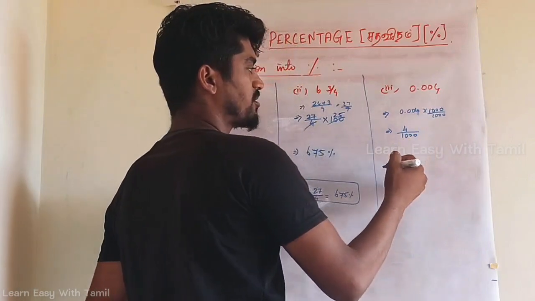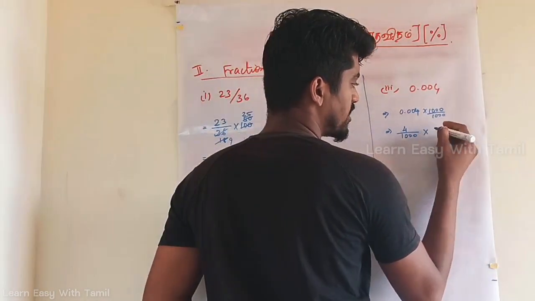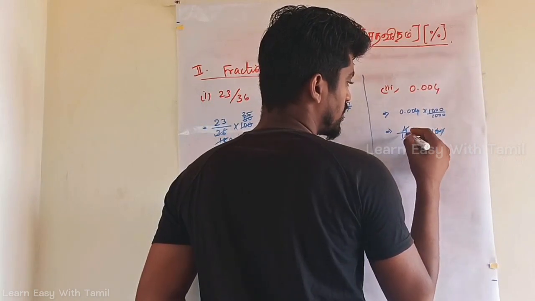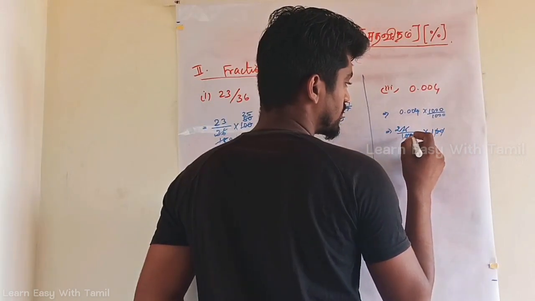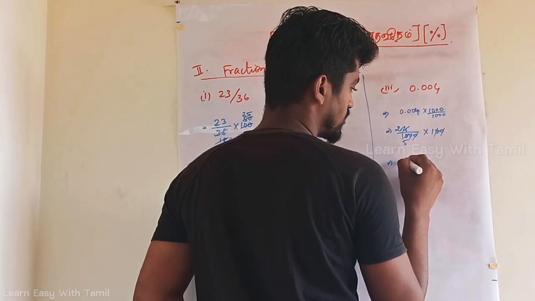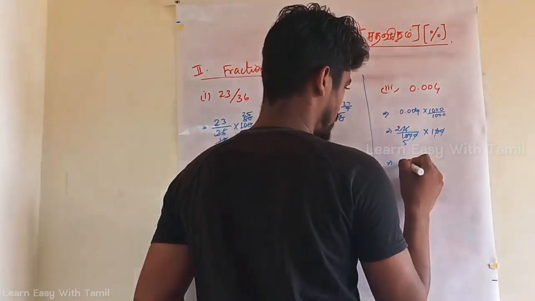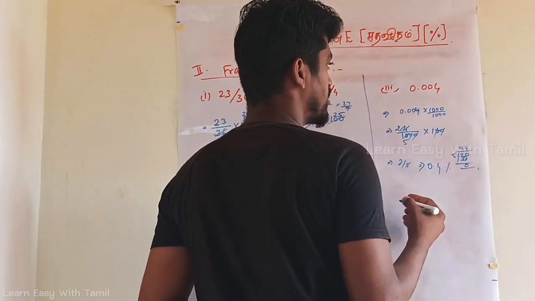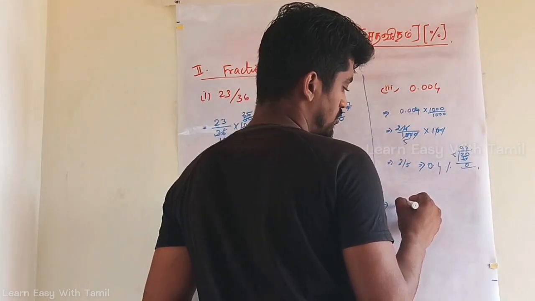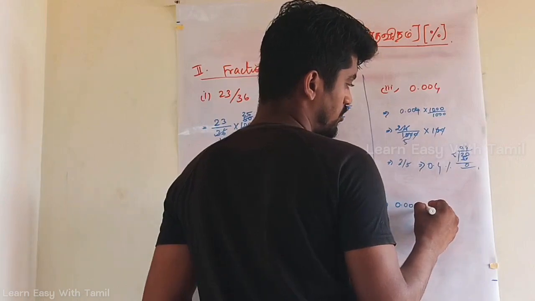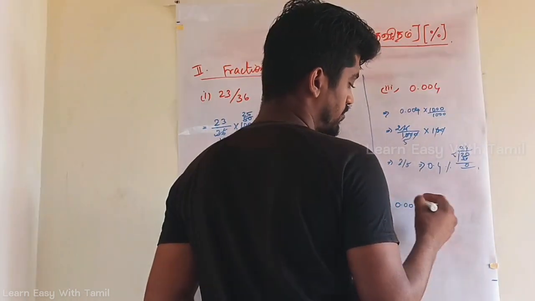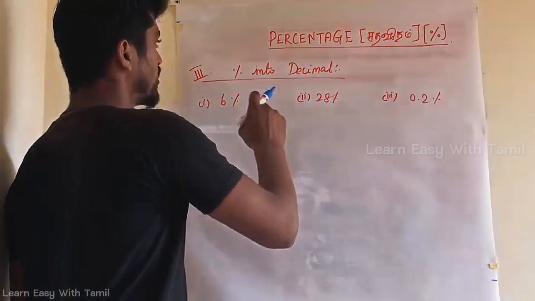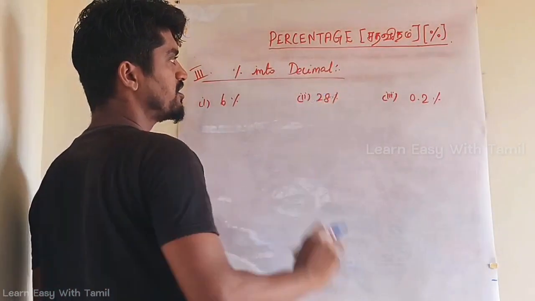Now in fractional format, we have to find the percentage: multiply with 100, simplify like that. 0.4%. So 0.004 is equal to 0.4%.